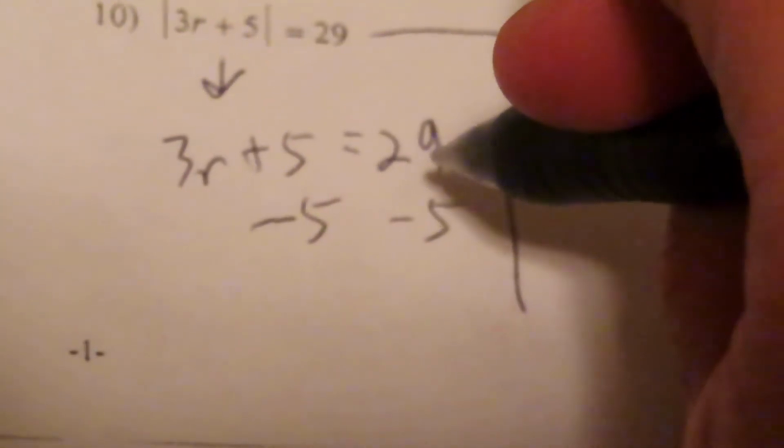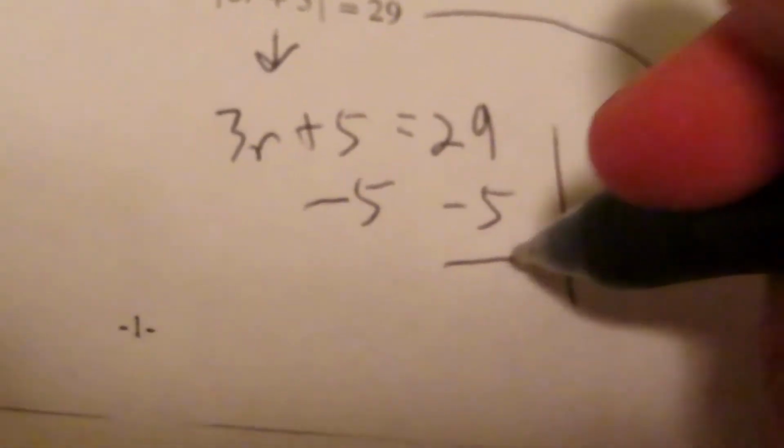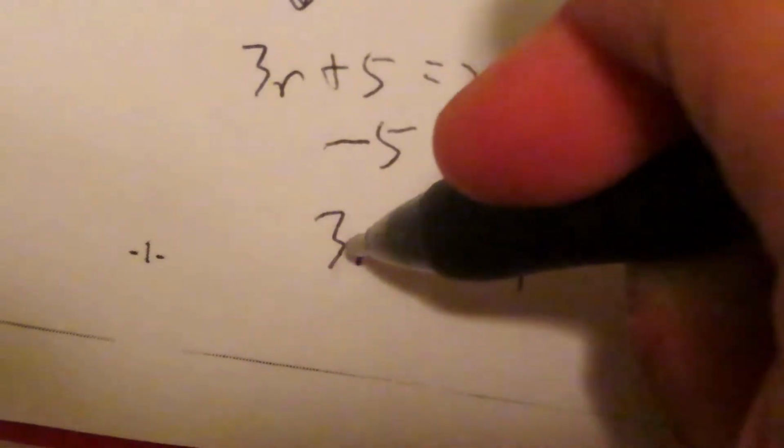So with this one, we're going to minus 5 over to the other side. So 29 minus 5 is what? 24. 9 minus 5 is 4. Yep. So we have 3r is equal to 24. And then how do we get that 3 to the other side? We're going to divide by 3.